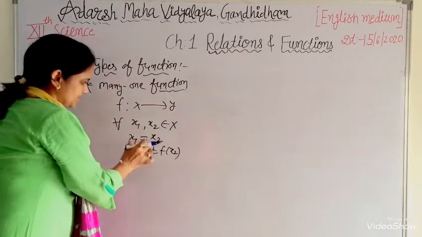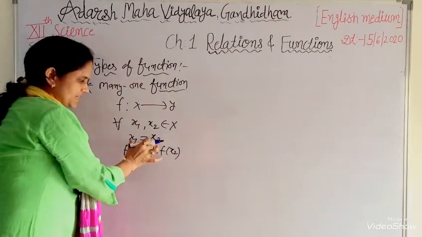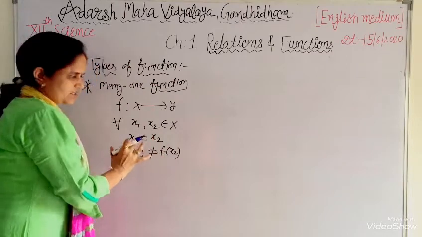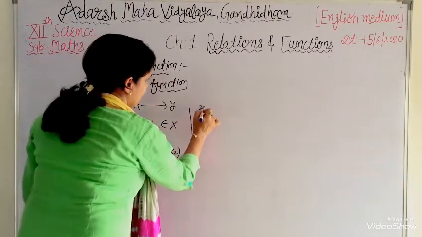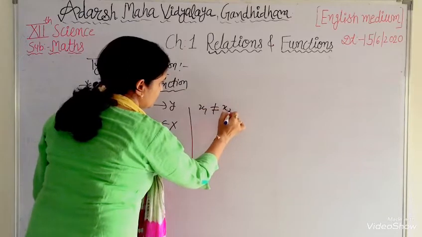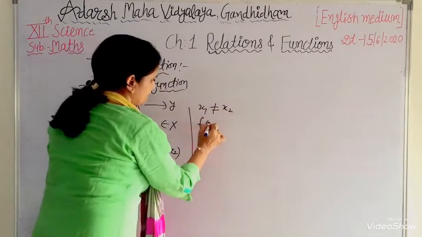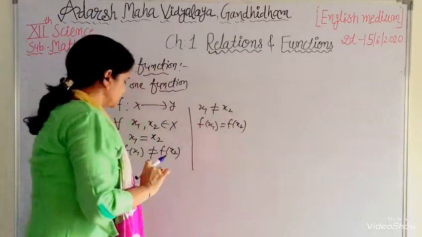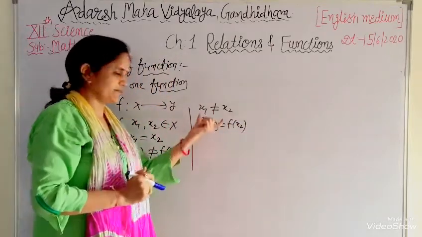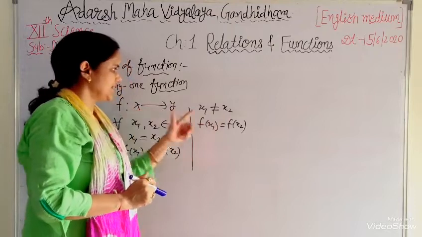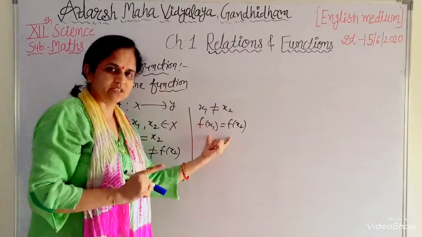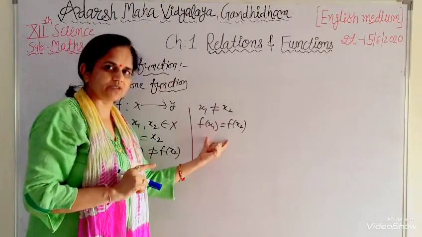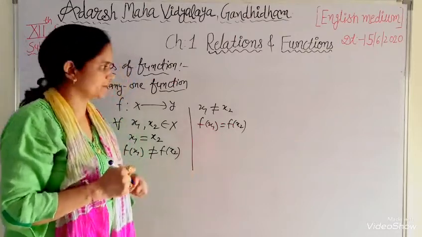It means if the elements are same, then images are not same. And if x1 is not equal to x2, but f(x1) is equal to f(x2), it means, student, the different elements of set X have the same image. This type of function is known as, student, many-one function.